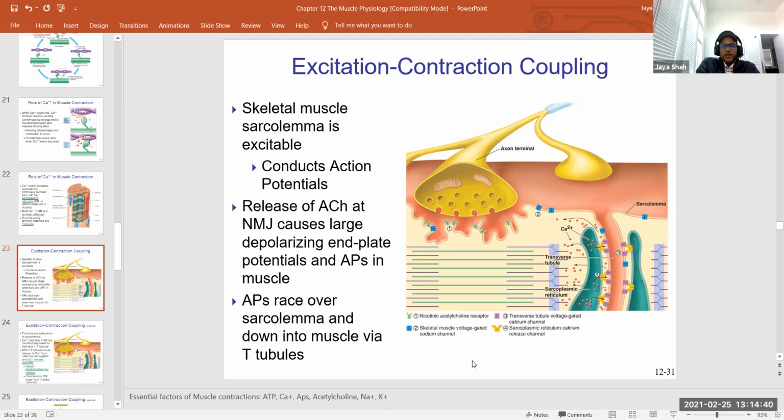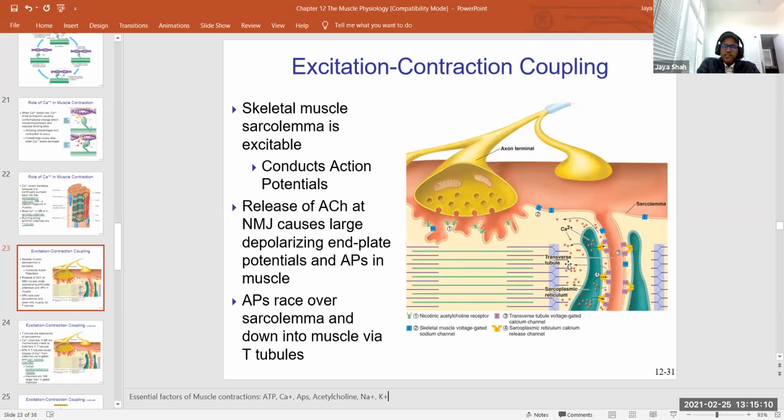Now, where do you need ATP? For the energy. Again, to take back the acetylcholine once it is released, to pump acetylcholine back into the nerve terminal, you need ATP. To bind the myosin head with the actin, you need ATP. Calcium is released here.